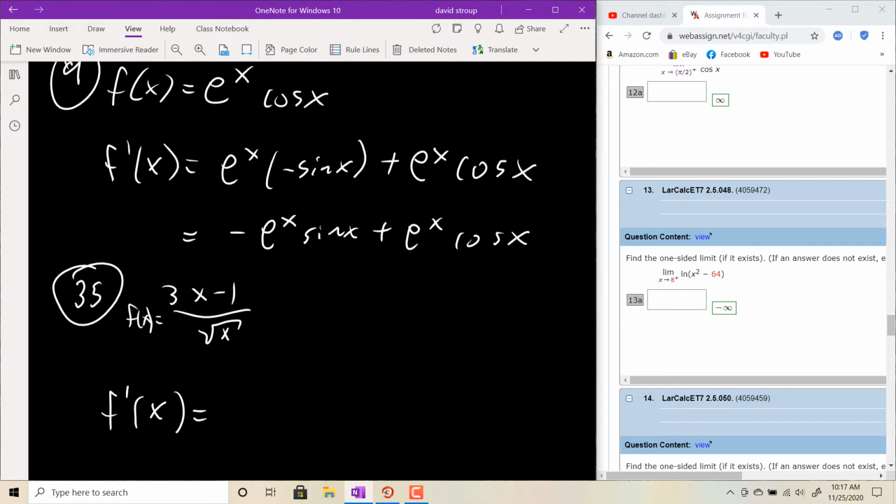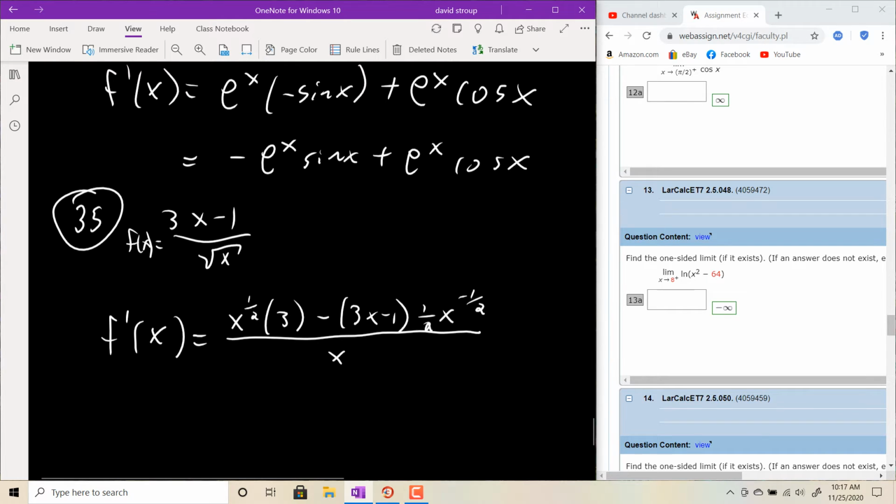So low, which is x to the 1/2, d high, which is 3, minus high, 3x minus 1, d low, which would be 1/2 x to the negative 1/2, all over the low squared. Square root of x squared is just x. Okay. I'm going to clean up the top by multiplying through by 2x to the 1/2.